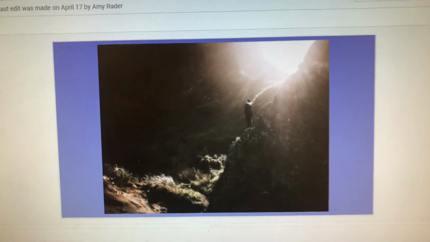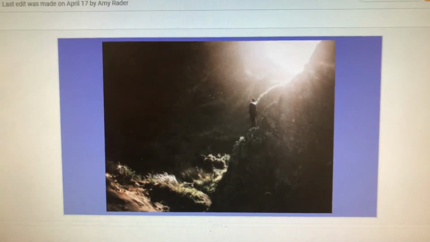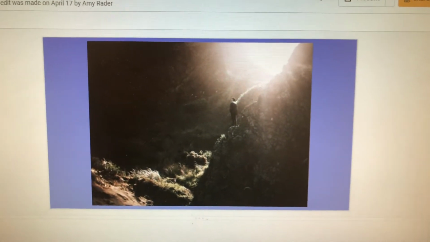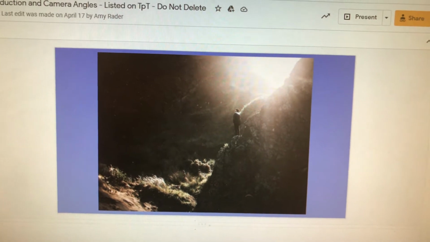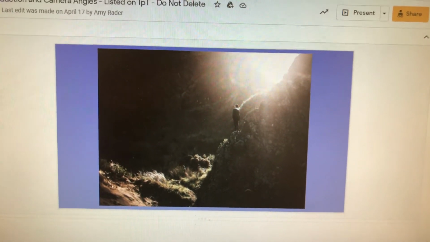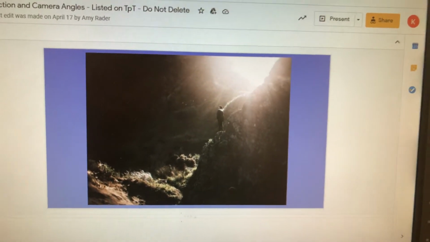But it does mean that you capture a large area of the picture, of the video. So a close-up of this might be on the person right here, but the wide shot is the person here on the mountainside where you can see a lot of the subject.